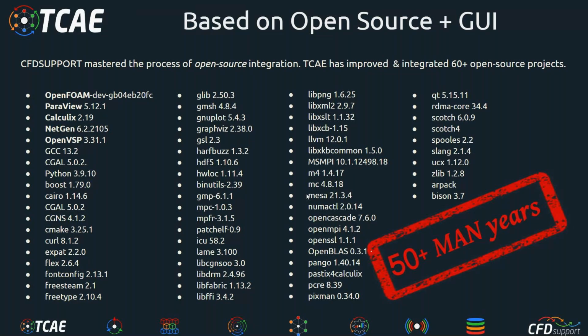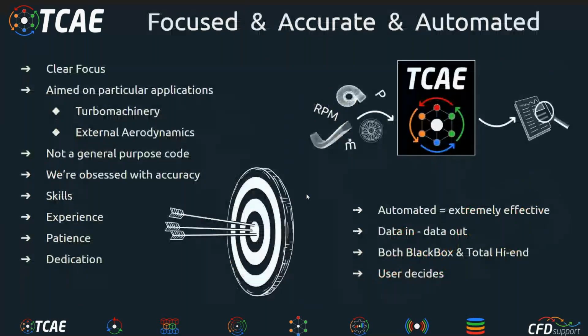We are a quite small company that knows how to use open source and develop on top of open source, which is a big benefit because we do not need to develop every detail of every piece of software, but really we build on what is successful already and we make it even more successful. So that's a huge added value. Our software is focused, it's accurate, and it's automated.